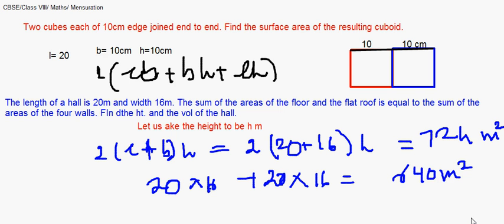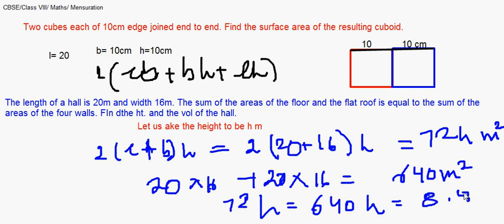It is also given that the sum of the areas of the four walls is equal to the sum of the areas of the roof and the floor. That means 72h will be equal to 640. That would make h to be 640 by 72. I'm getting this in decimals, so let it be 8.88 meters.